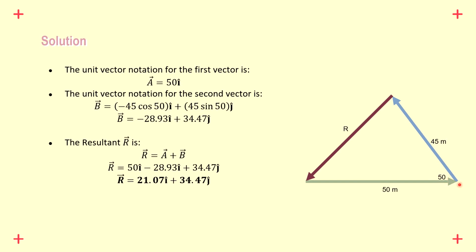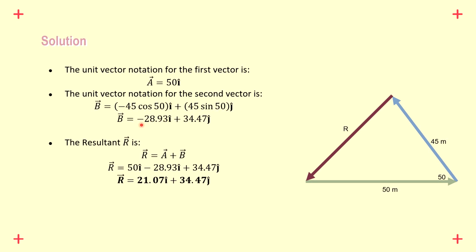Why negative? Because the vector is pointing to the left but upward. If you draw this on the coordinate axis, it will be placed in quadrant 2. Quadrant 2 has negative x but positive y. So negative 45 cosine 50 i, I hope you remember this formula, plus 45 sine 50 j. So we have negative 28.93i, which we can obtain using the calculator, plus 34.47j.